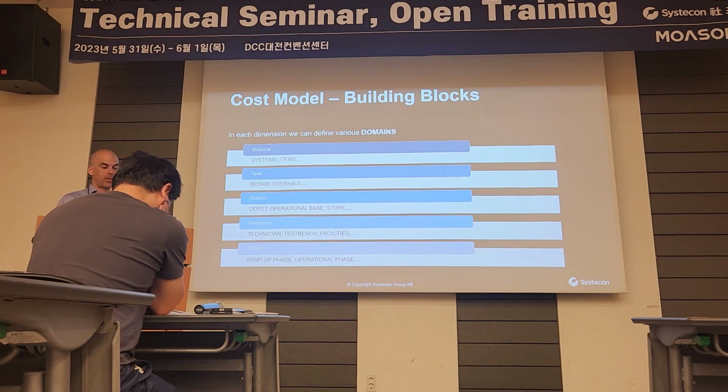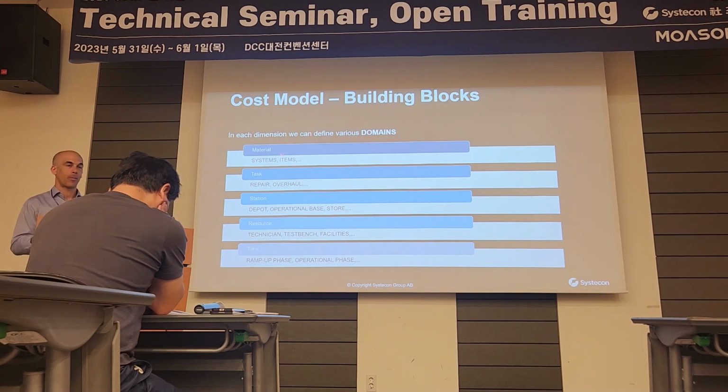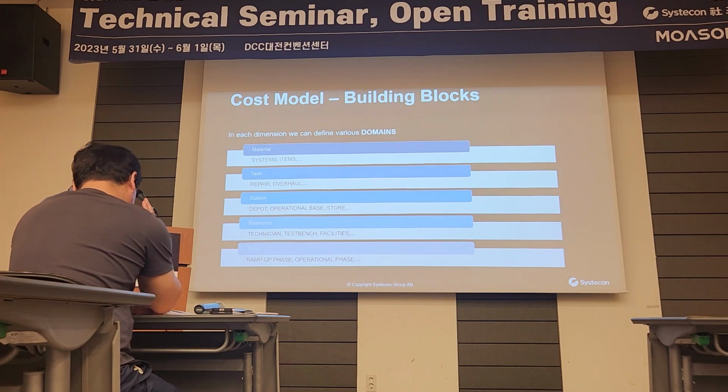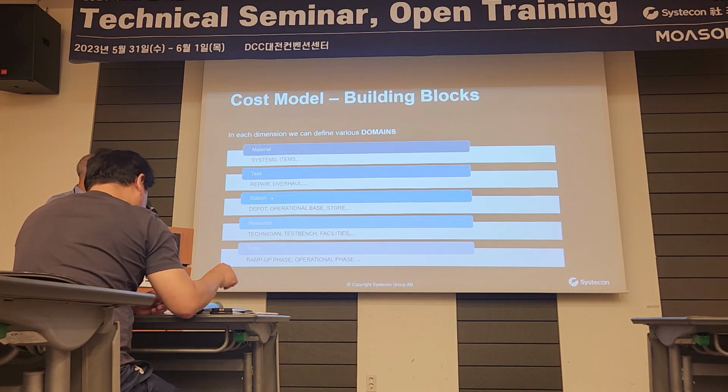Within each dimension, you can define some domains. So, within the material dimension, I can define, for example, a system domain or an item domain. It might be that some costs are relevant only for systems and some costs are relevant only for items, and I want to be able to make a distinction between those costs. Same thing with tasks.